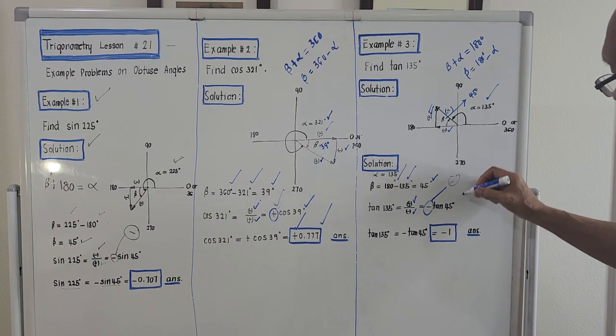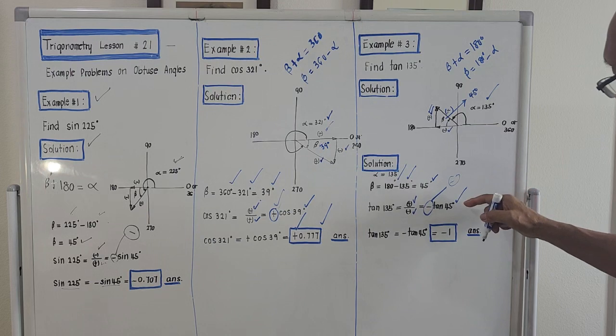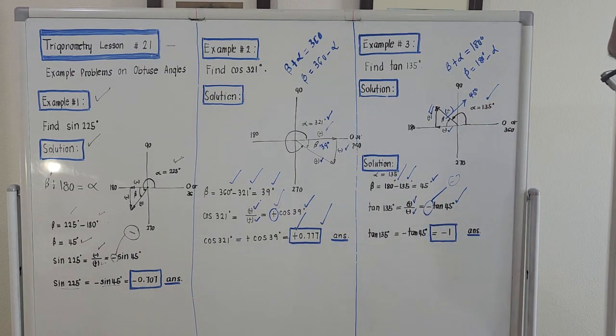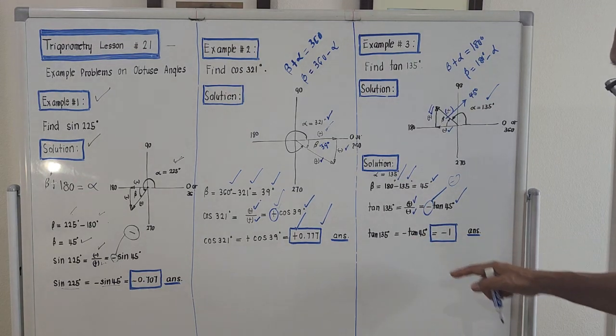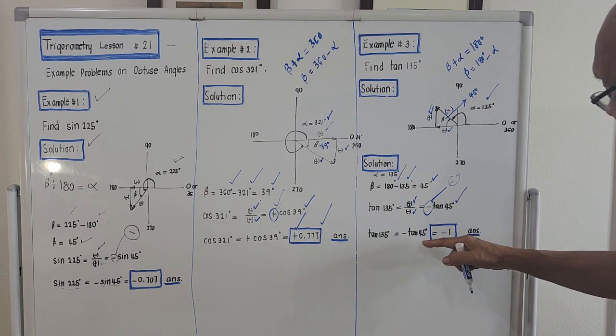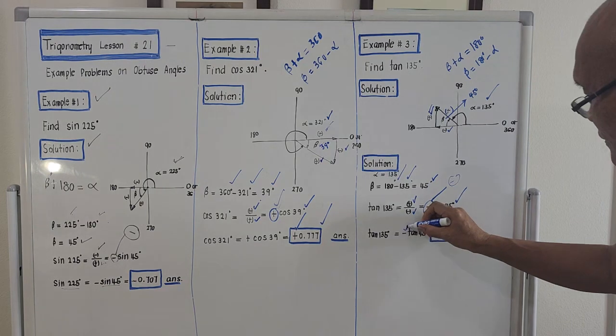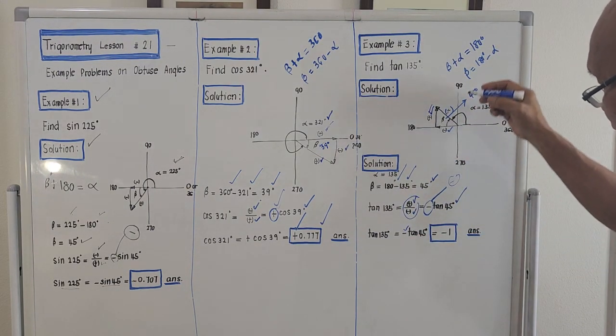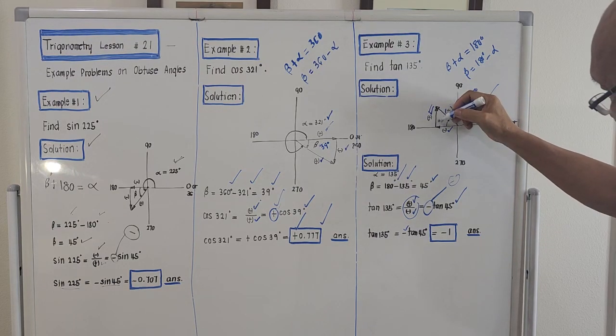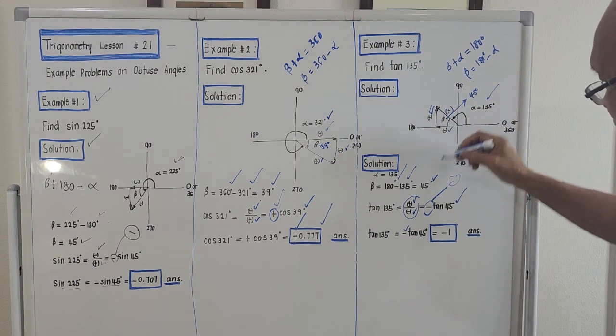Tangent of 45 degrees, the reference angle we have computed. Therefore, tangent of 135 degrees will be equal to negative tangent of 45 degrees. The proper sign should be minus, and this minus here was derived from this: tangent is opposite over adjacent, a plus over a minus will be minus.